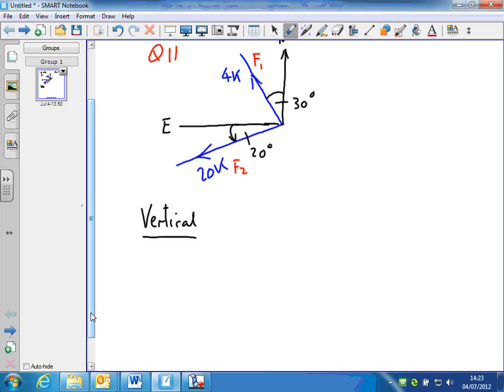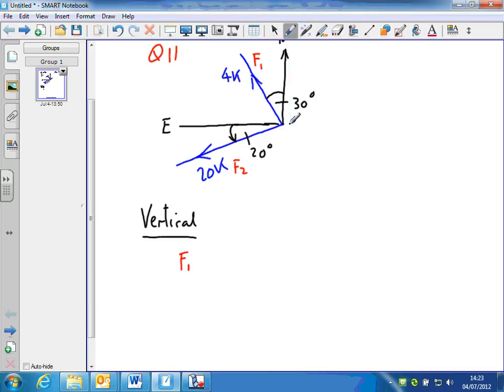So for F1, the vertical component is going to be, if I imagine this right angle triangle, and I've drawn a line across here like this, where there's the right angle. So the vertical component of the force is going to be this side of the triangle here. So that's the adjacent to the angle. So the cosine is what's involved here.